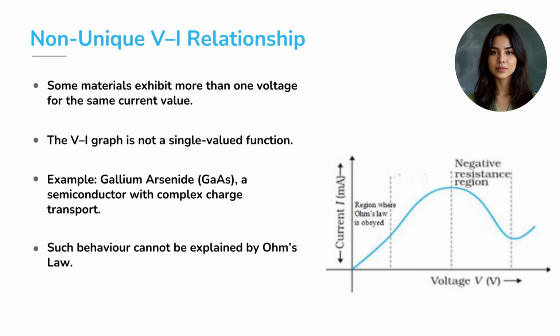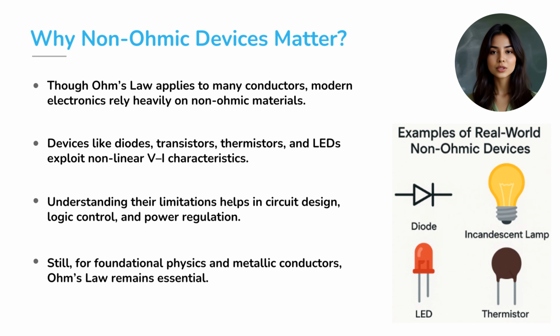So, if these materials don't follow Ohm's law, are they still useful? Absolutely. In fact, they are essential for modern electronics. Devices like diodes, transistors, LEDs, and thermistors rely on nonlinear behavior to do things ohmic materials never could, like switching, amplification, and temperature sensing.